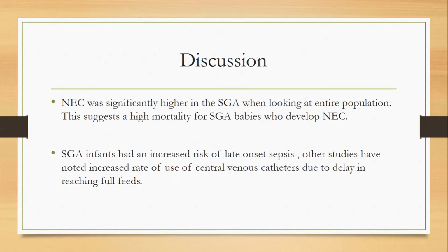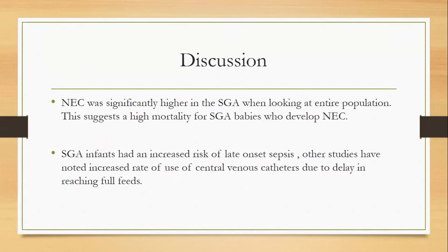And also SGA infants had an increased risk of late onset sepsis. Other studies have noted an increased rate of use of central venous catheters due to delay in reaching full feeds. What happens with these SGA infants, just from my experience, is that most of the time they've got feed intolerance.